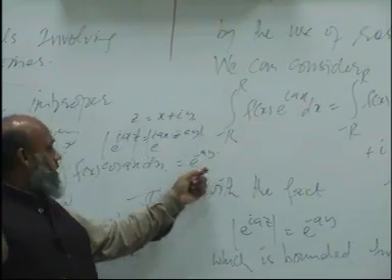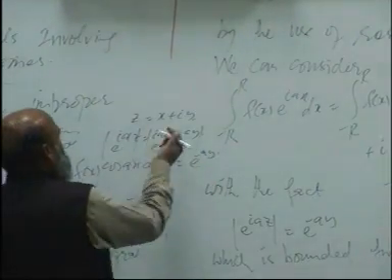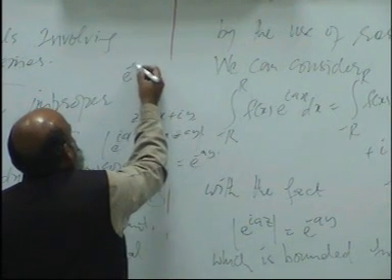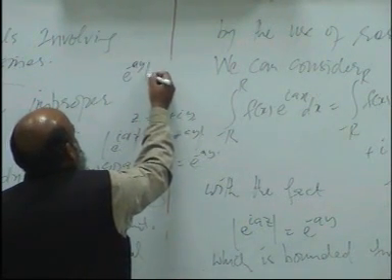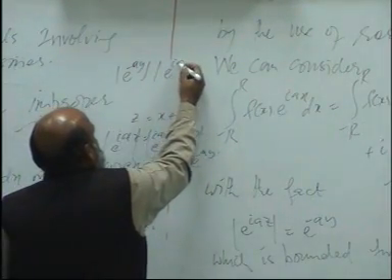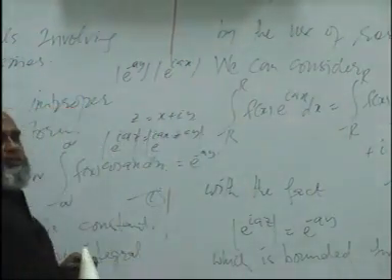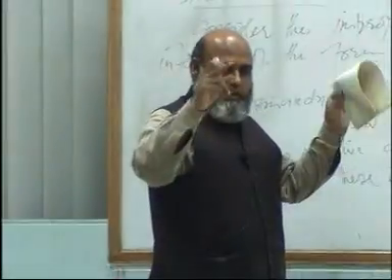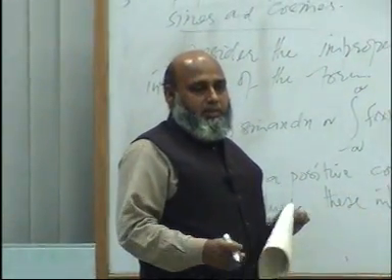And this one? The mod value of exponential iota ax will remain the same. What is exponential iota ax? It is cosine ax plus iota sine ax. If you take the mod value, that will be 1.